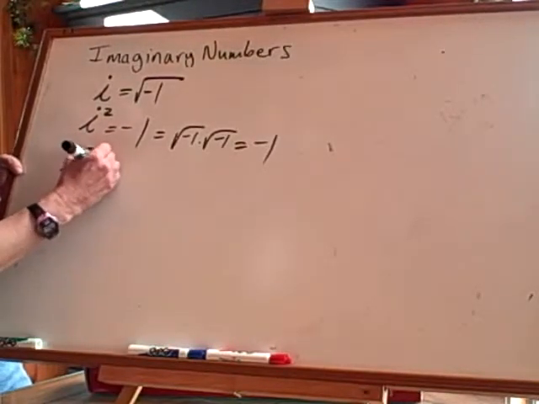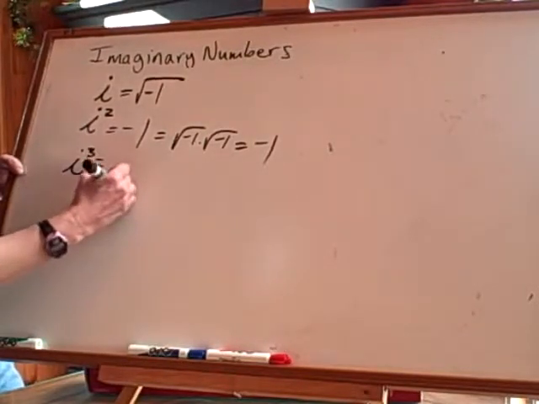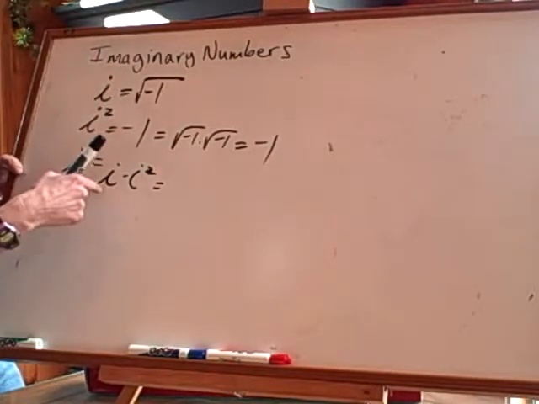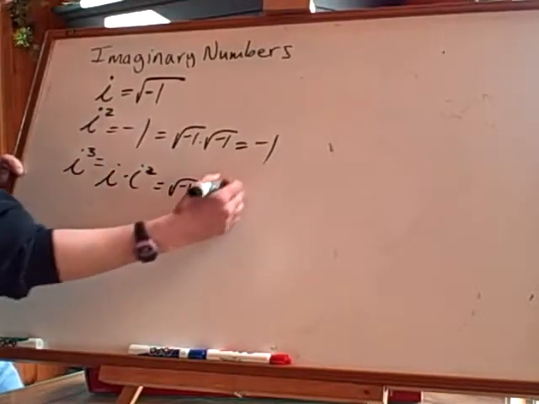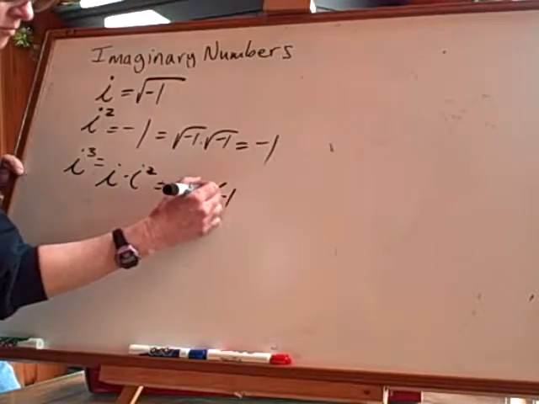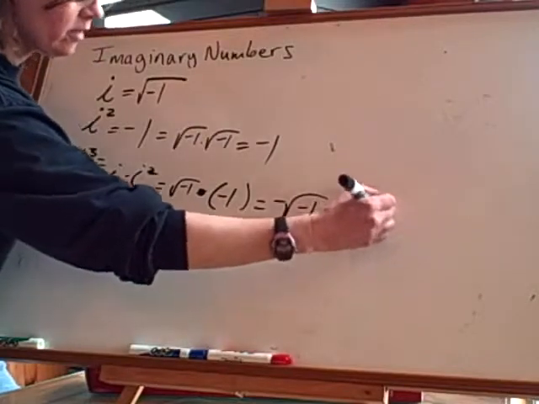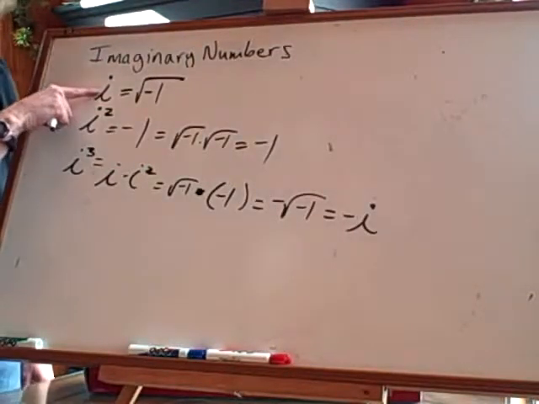Okay, i cubed. That's going to be i times i squared. So that's going to be i, the square root of -1, times i squared, which is -1, so it's negative i. Or negative the square root of -1. i is the square root of -1.